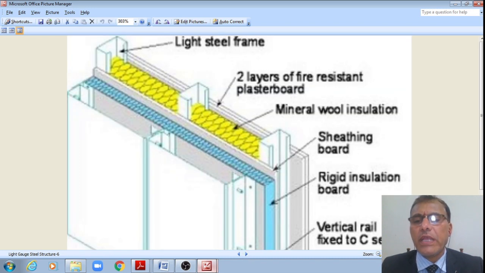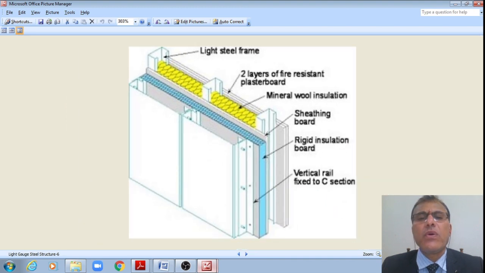Or alternatively, even we may have an arrangement like this also, right, where this is another schematic of the same, right? Light steel frame to which is connected two layers of the fire resistant plasterboard, right? Another schematic, right? Mineral wool insulation is inserted here, right? And this is how the sheeting board, and this is the rigid insulation board.